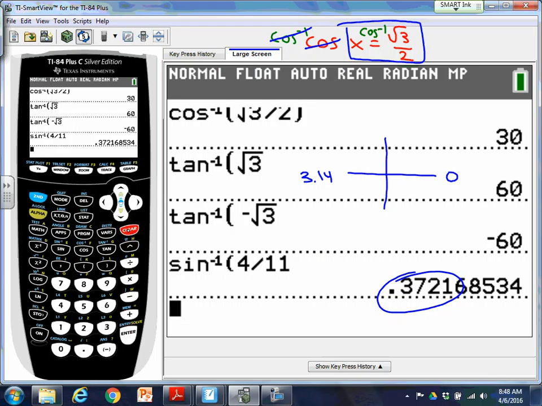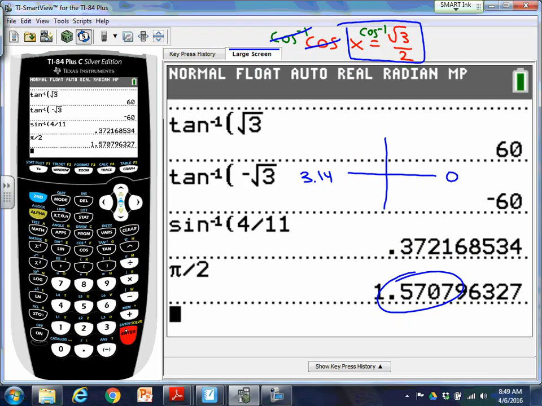Pi over 2, just to get a ballpark figure, is actually 1.57. So a 90 degree angle is like 1.57 radians. We need to be 0.37. So we're somewhere, what's half, 0.8. So we're probably somewhere around here with our 0.37 radians. Okay, so that's just to visualize it. So 0.372 is our number though. That's our reference angle.